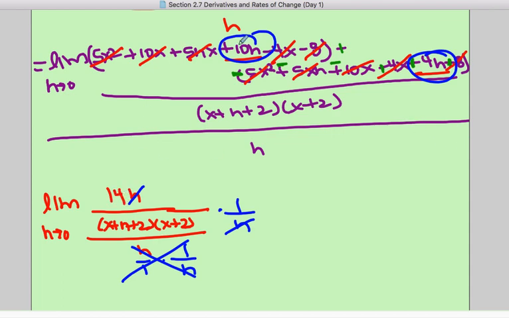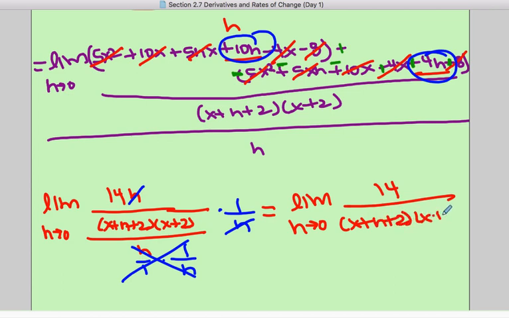So I have 14h there because of those two. Those h's will cancel. And then if I continue, I have limit as h approaches 0, 14 over x plus h plus 2 and x plus 2. Can I now plug in 0 for h? Yes, I can. It won't cause me to have 0 in my denominator. If I do, I have x plus 0 plus 2, which just gives me x plus 2.